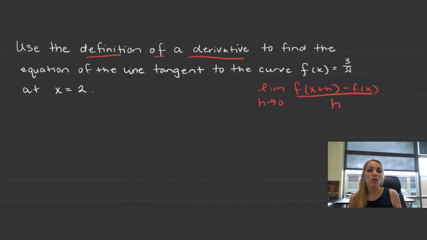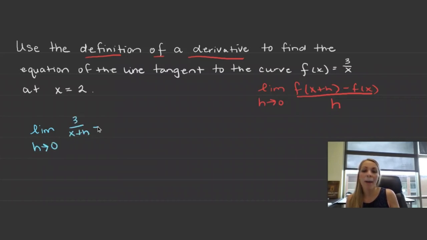So I am going to use that with this equation right here. I'm going to start by applying the definition of a derivative to this function. So I have the limit as h approaches 0 of 3 over x plus h minus 3 over x all over h.